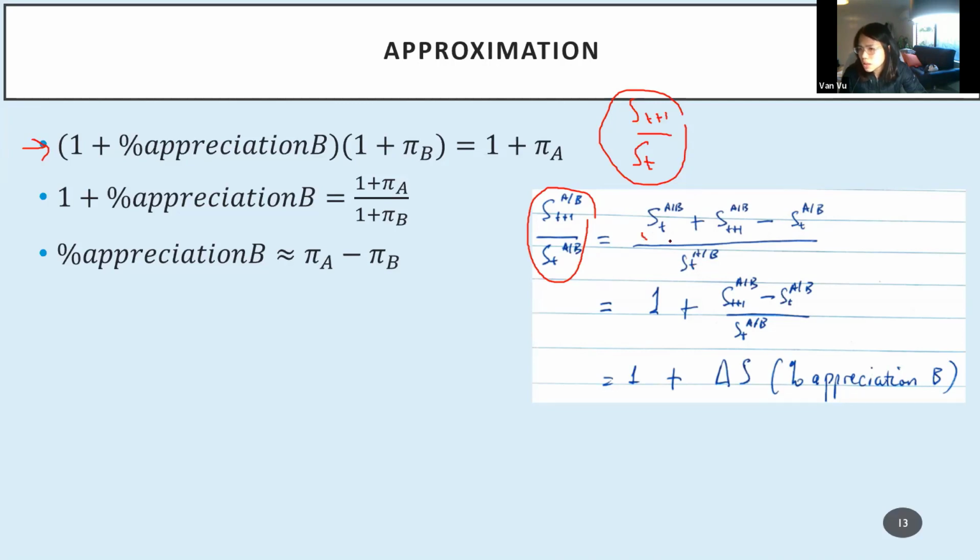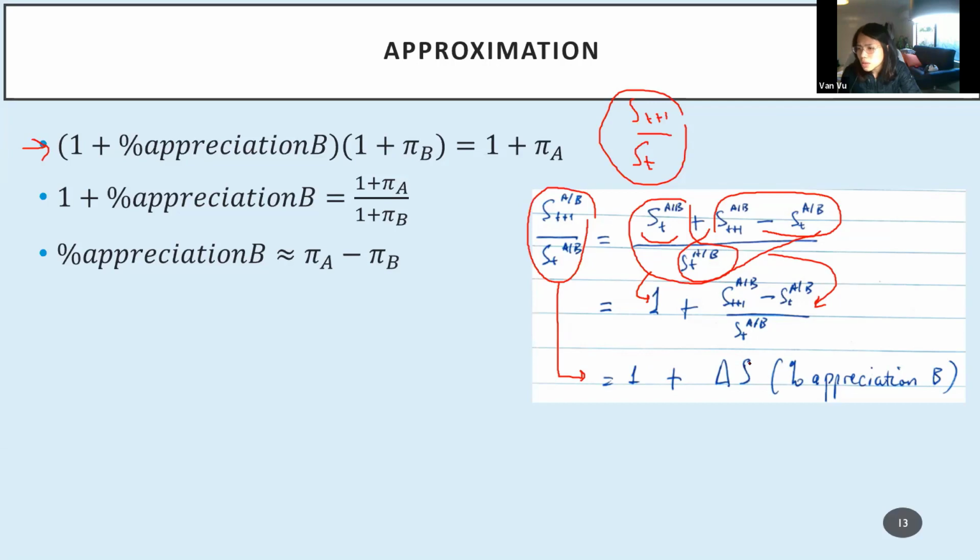So what I did was I just added S t and then subtracted S t on the numerator, okay? So if I write this equation, then this will become 1. And then what we are left with is the change in the spot rate, okay? So this ratio S t plus 1 divided by S t could be rewritten as 1 plus the change in the spot rate, okay?